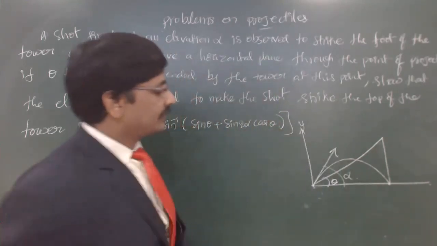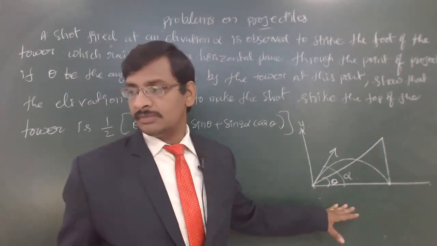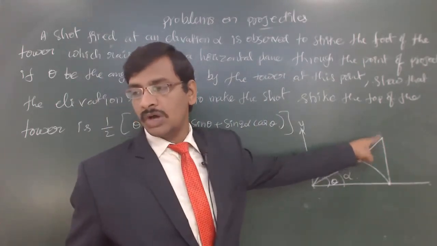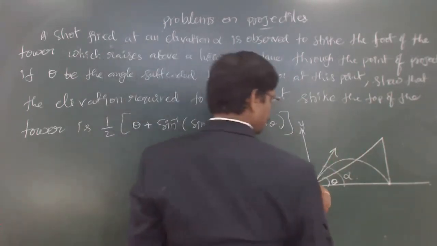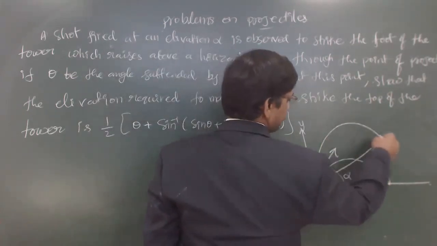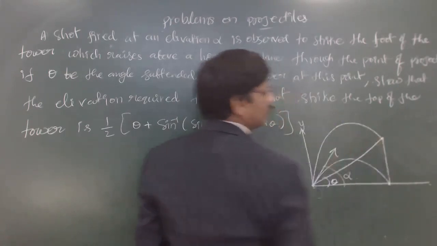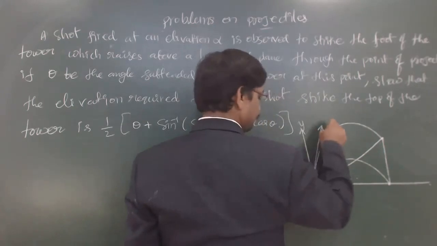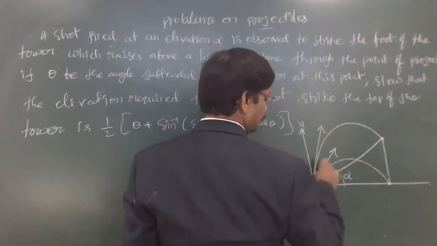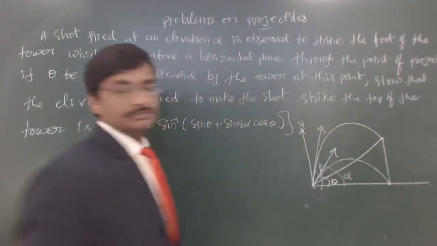Now this information was given. He wanted to aim at the top of the tower. Now what should be the angle of projection? What should be the angle of elevation? So this beta he asked us to find out. Got it?